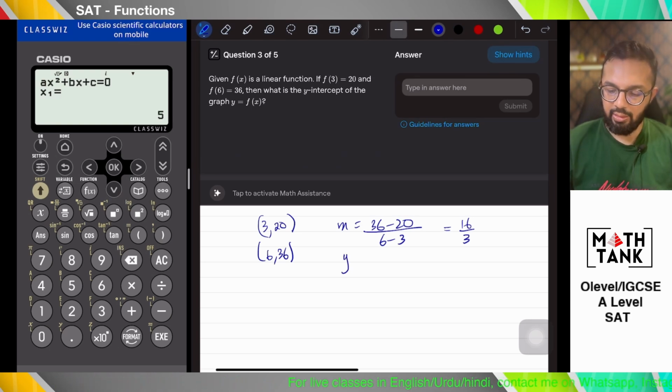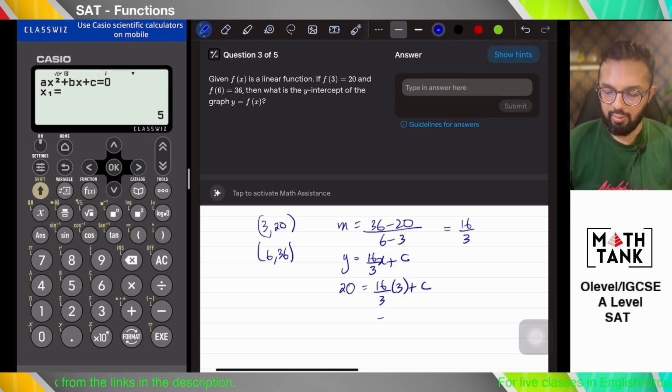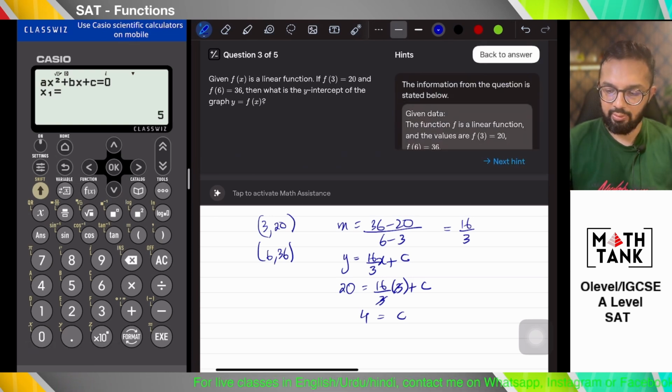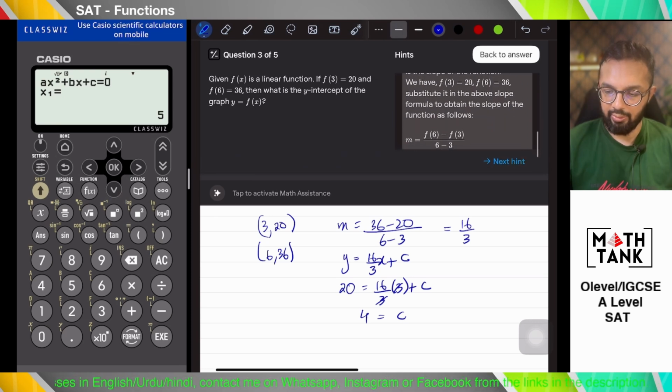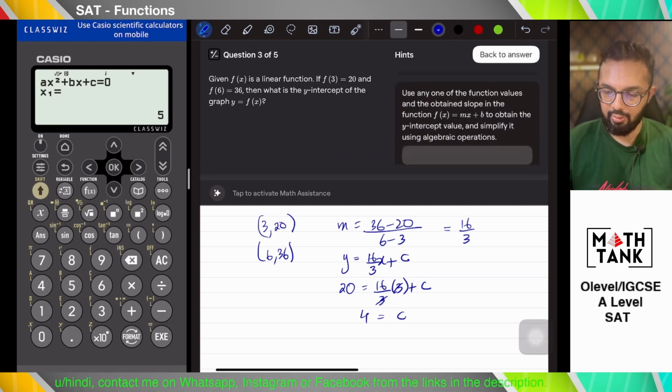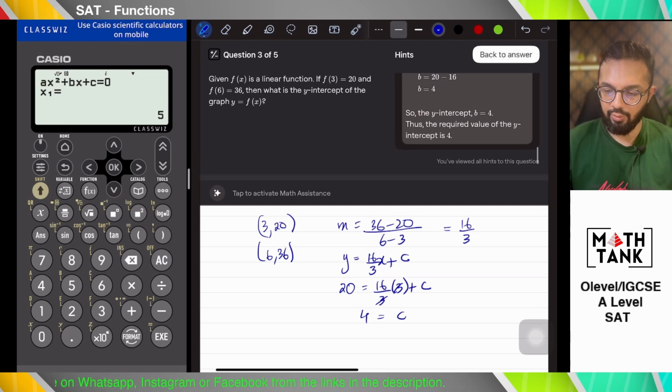Okay, so y equals, so I again use 20. So C looks like it might be 4. I just want to check if I've done it correctly so that I don't get this wrong. Might be a calculation mistake somewhere. Yeah, it's 4.